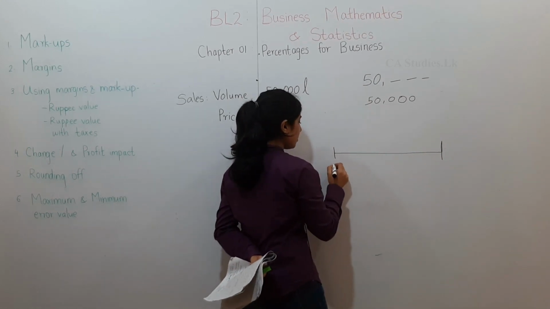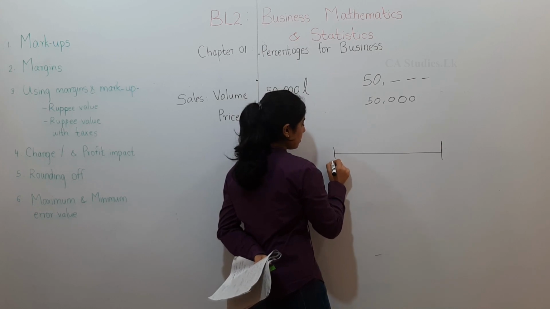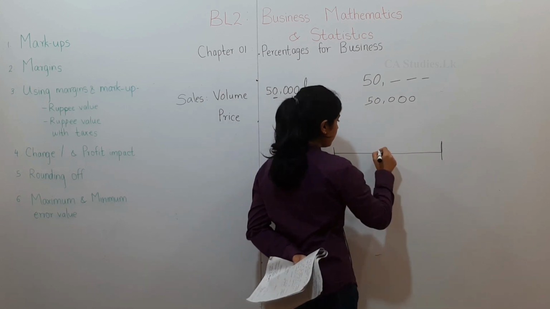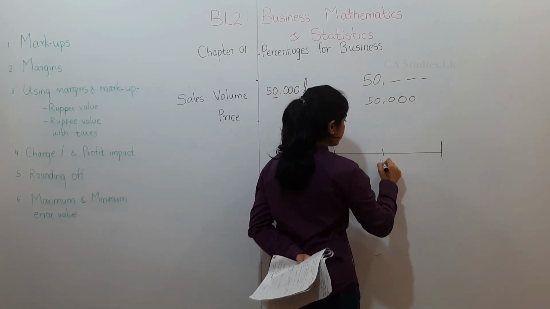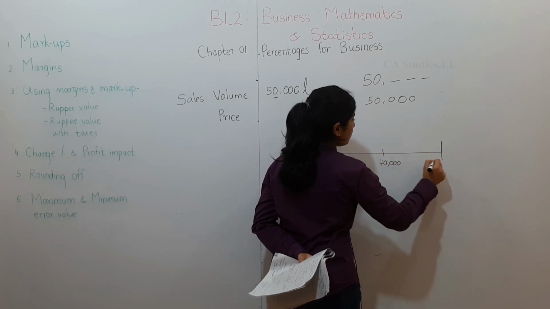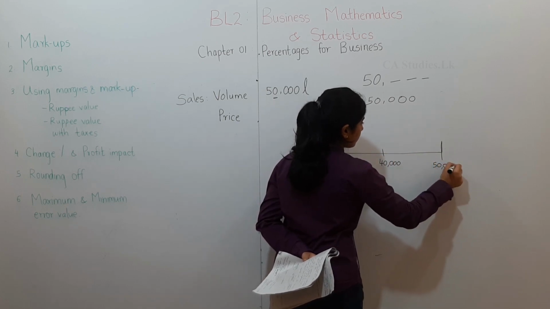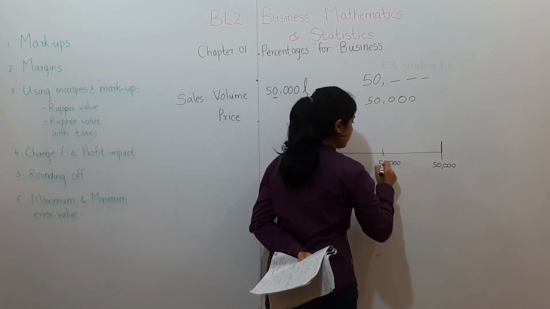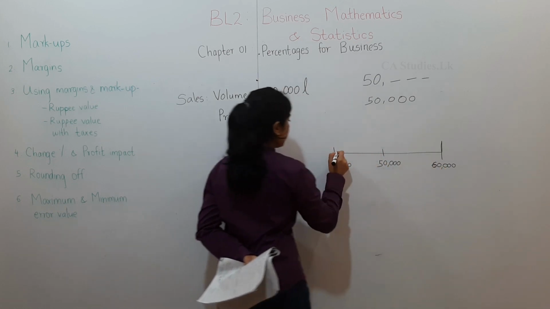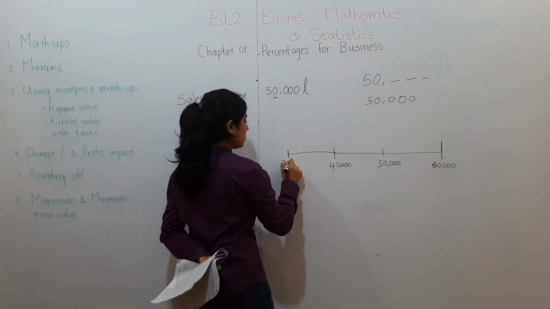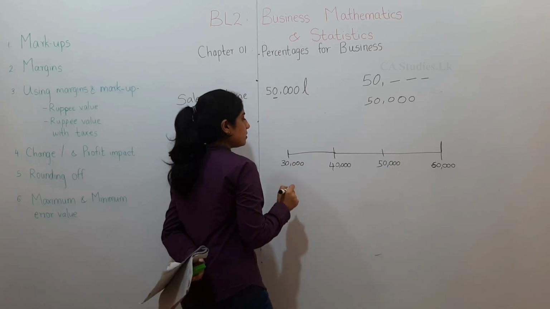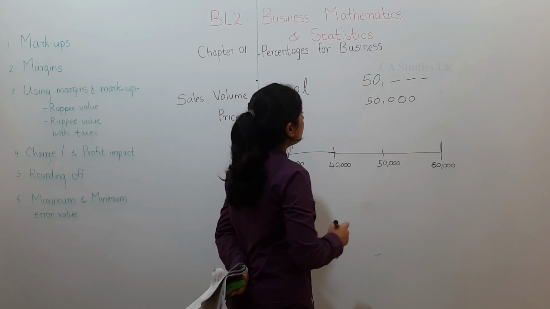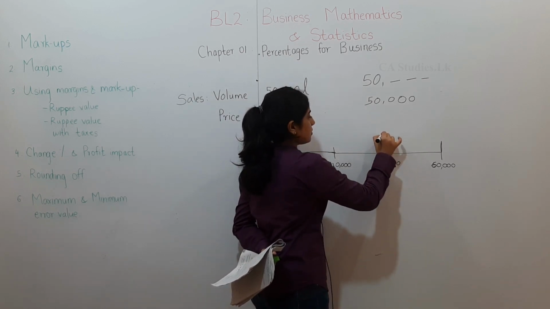So let's start from 30,000, I'm going to set in 10,000s, 40,000, 50,000. Or else let's start from here, 50, and this is 60, and below is 30,000. Okay. So you're here. This is the rounded figure, right?